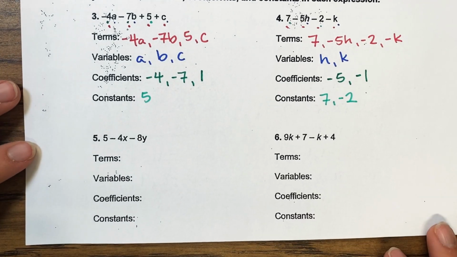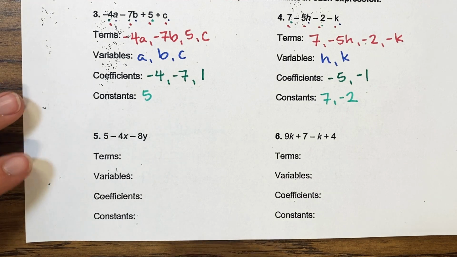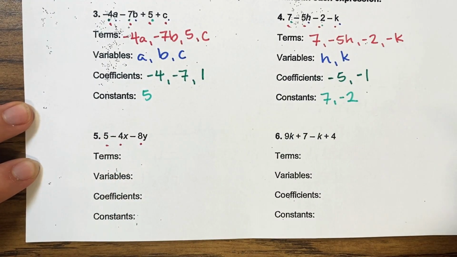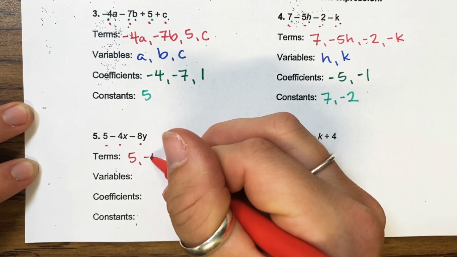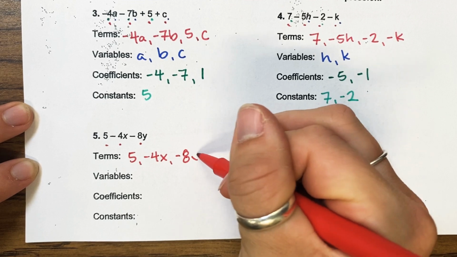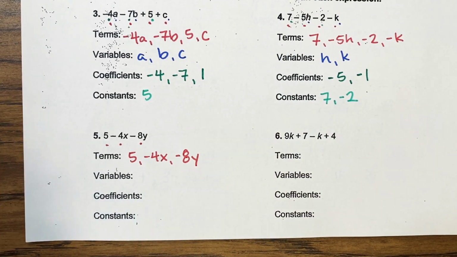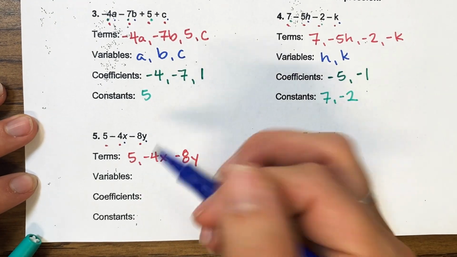Number 5. What are our terms? We have 1, 2, 3 terms. First one is 5. Second one is -4x. And our last one, -8y. Our variables, the letters, I see an x and a y.